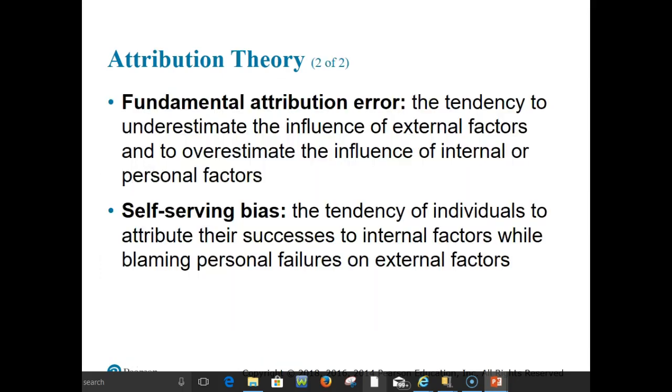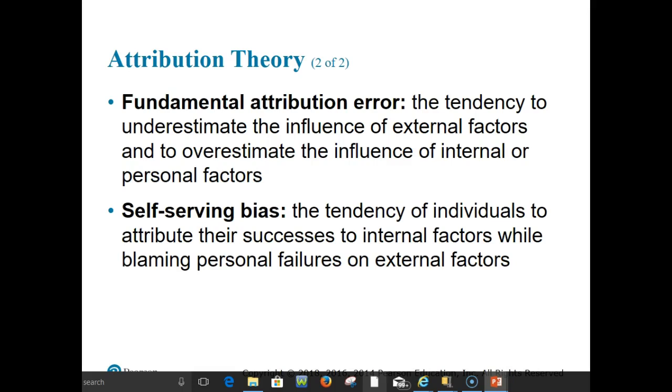So one interesting finding from the attribution theory is that errors or biases distort our attributions. Now, for instance, substantial evidence supports the fact that when we make judgments about the behavior of other people, we have a tendency to underestimate the influence of external factors and to overestimate the influence of internal or personal factors.